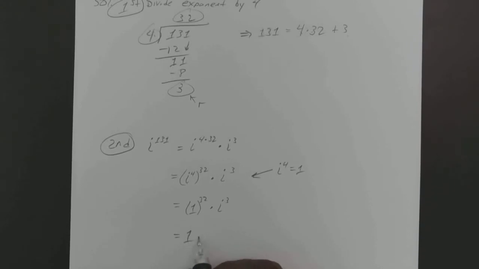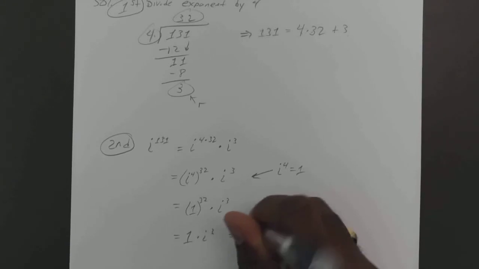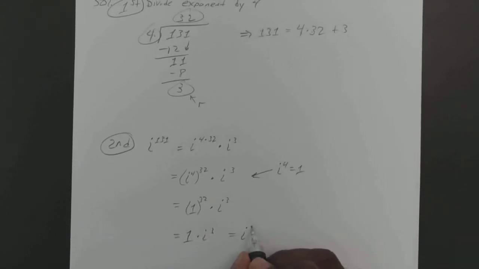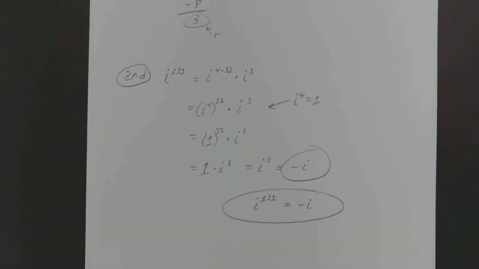And we know 1 to any power is just going to be 1. That's 1 times i to the third, which is just i to the third. And we figured out earlier that i to the third is just negative i. So i to the 131st power actually simplifies to negative i.